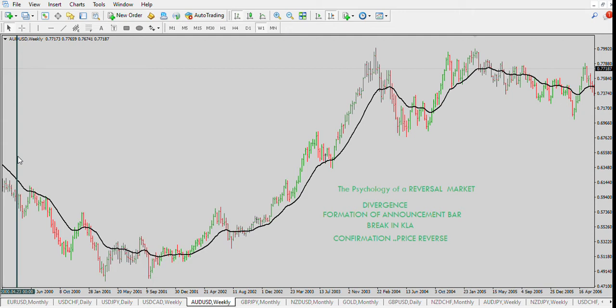Now, the third thing you want to see is the break in the key level area. And of course, the ultimate key level area for a reversal is the market structure.